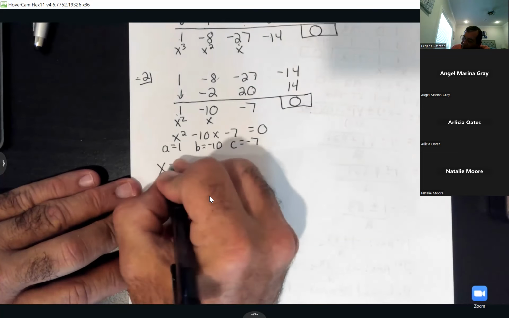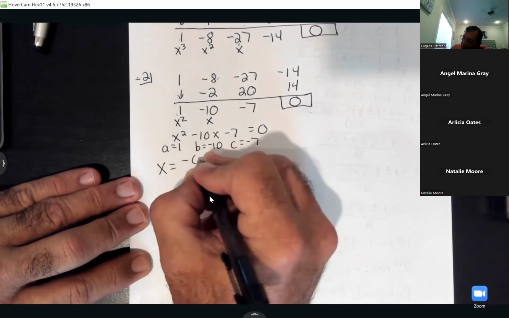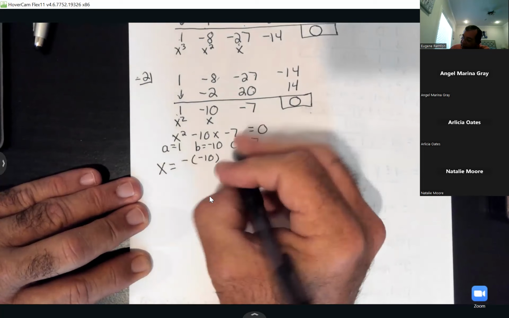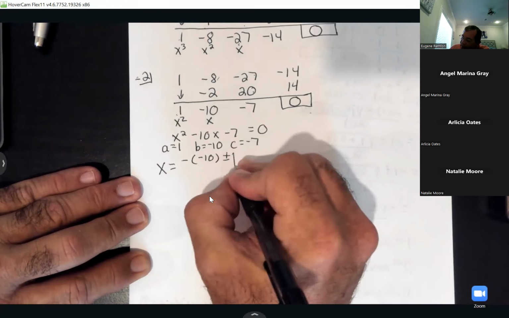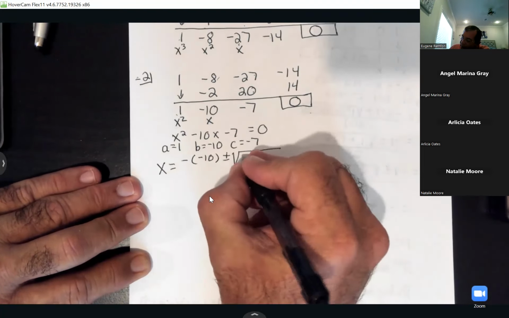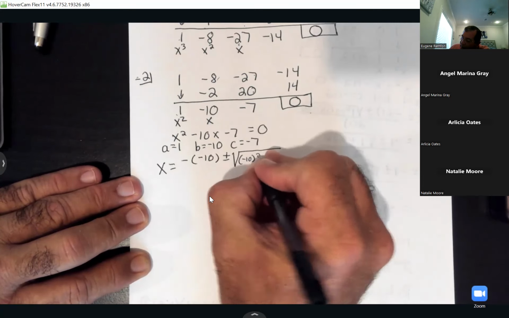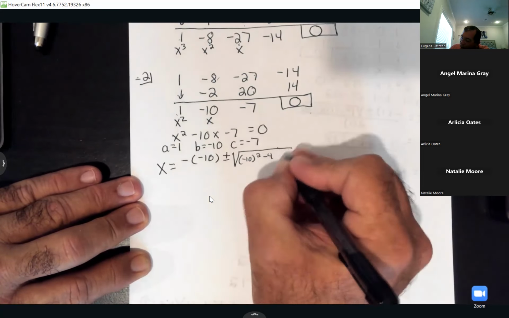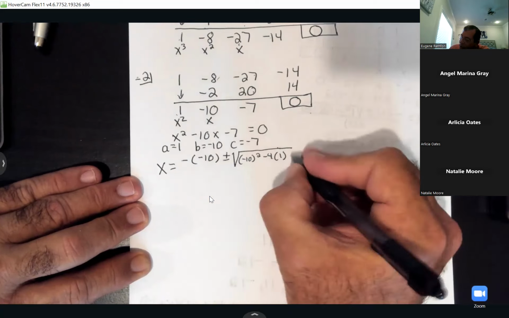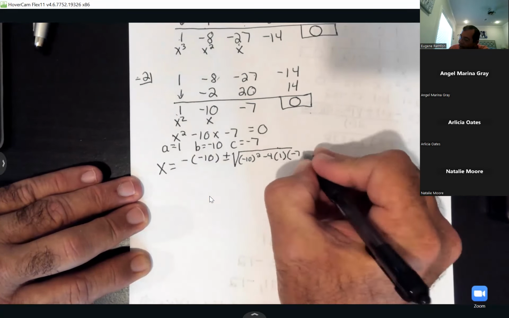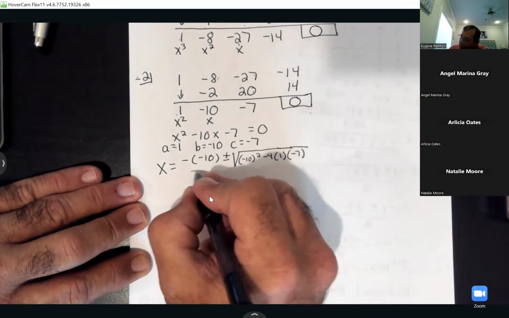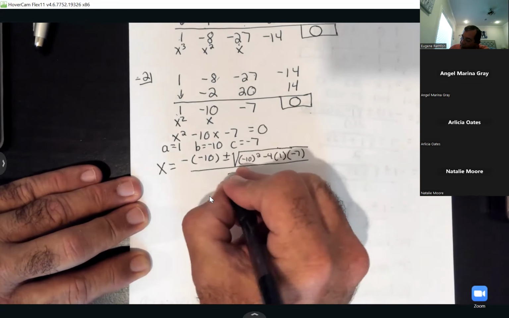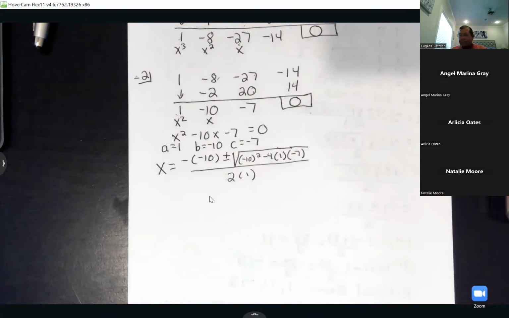Here we go. x equals -b, which is -10, plus or minus the square root of -10 squared minus 4 times my A, which is 1, and C, which is -7, all over 2 times 1. So let me let y'all catch up on that real quick.